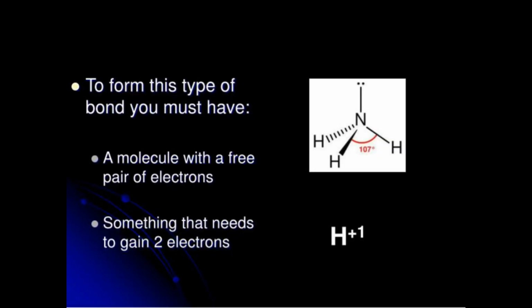Okay, so to form this type of bond, you must have a molecule with a free pair of electrons, and then something that needs to gain two electrons. For instance, H plus. Now, you observe that in the formation of ammonium ion, for instance, H plus means that it is deficient by one electron. So that means that one electron has been lost.